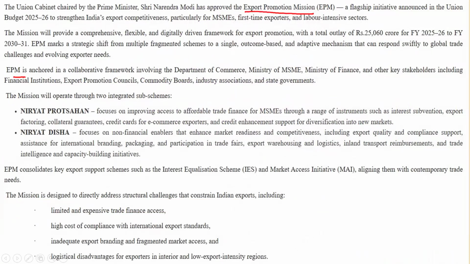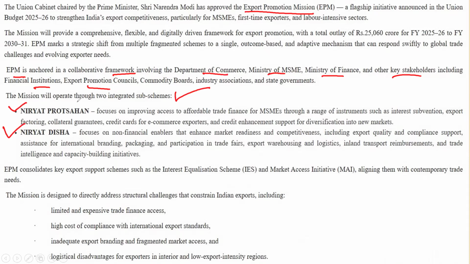Under this collaborative framework involving the Department of Commerce, Ministry of MSME, Ministry of Finance, and other key stakeholders like financial institutions and Export Promotion Councils, the mission will operate through two integrated schemes: Niryat Protsahan and Niryat Disha.